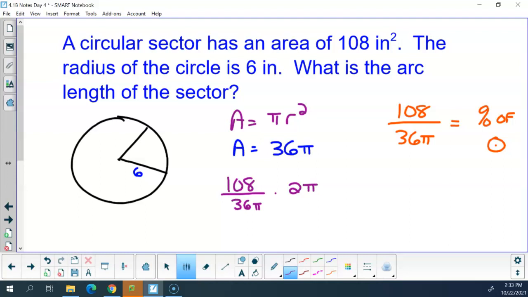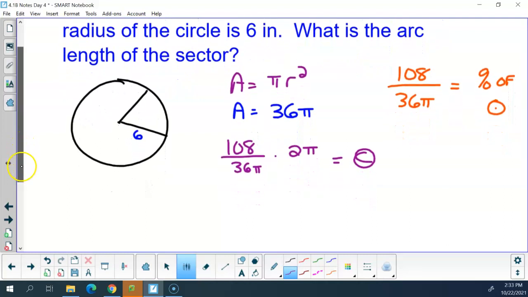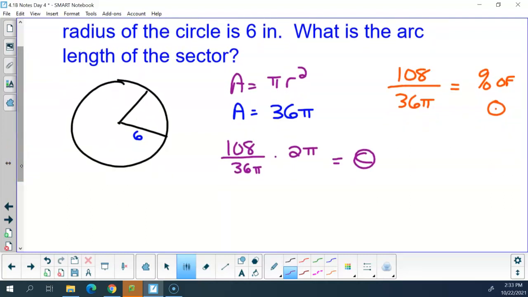That is going to be theta, right? And that would be in radians, yep. And that's key, right? We want theta in radians. So this goes away, this goes to 18, right? Yes?